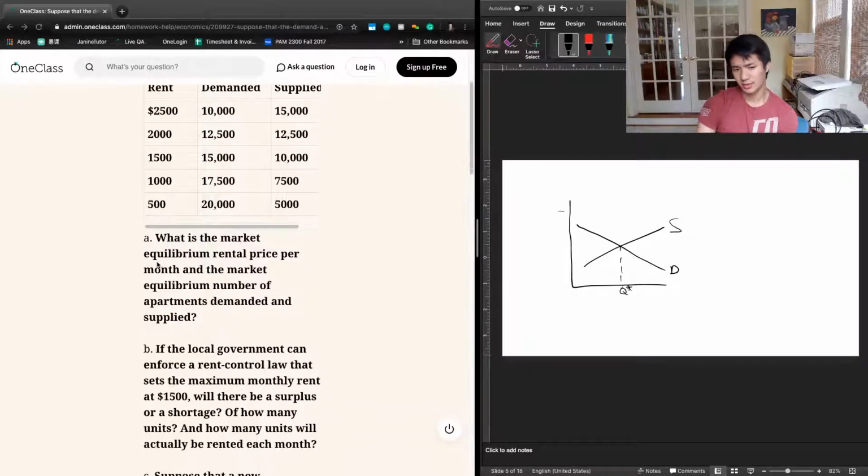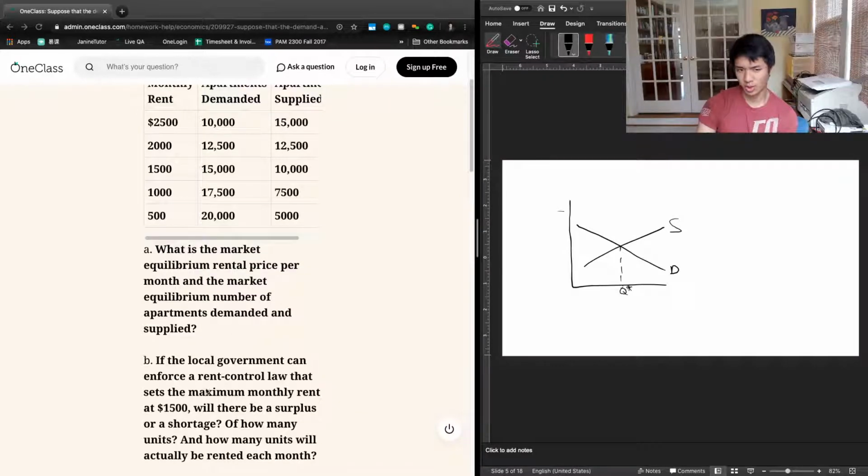The next question says, if the local government can enforce a rent control law that sets the maximum monthly rent at $1,500, will there be a surplus or a shortage? So we know that the equilibrium is at $2,000, and then you set a price ceiling at $1,500, which is below $2,000, you're going to result in a shortage. There's going to be too much demand and too little supply, right? We can see that here. There's 15,000 units demanded and 10,000 units supplied.